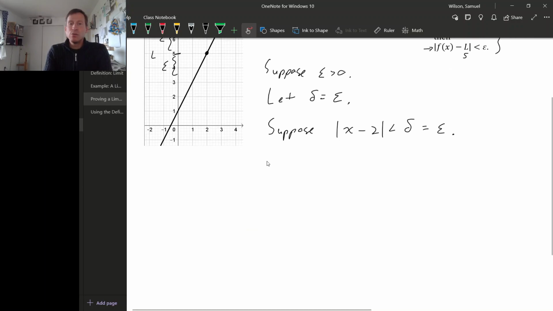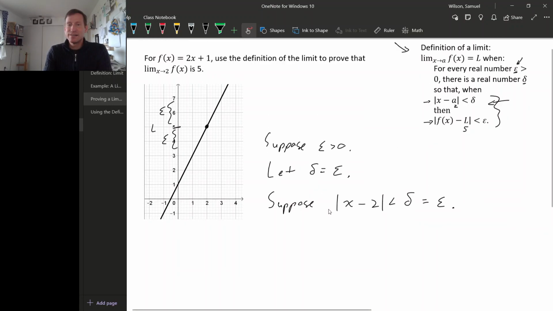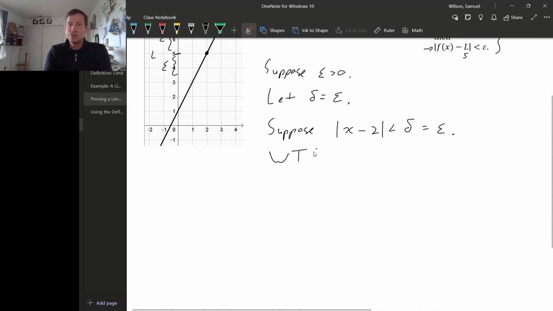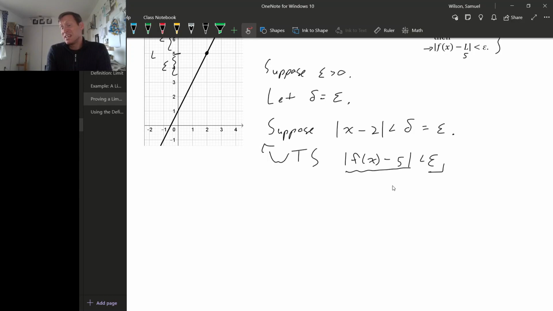So we want to show that the absolute value of f of x minus L, which is 5, is less than epsilon. This is what we're hoping. We don't know if this is true. So what we need to do is write down this absolute value and see how big it is.